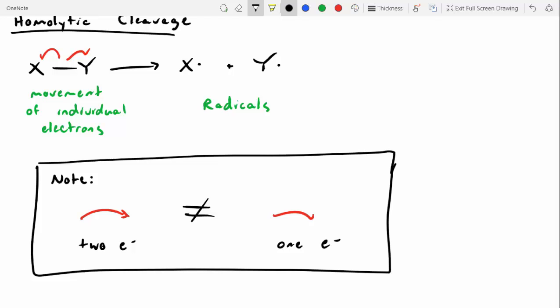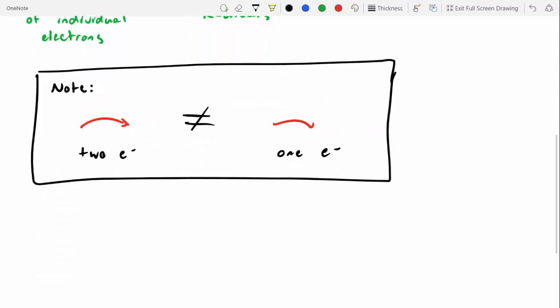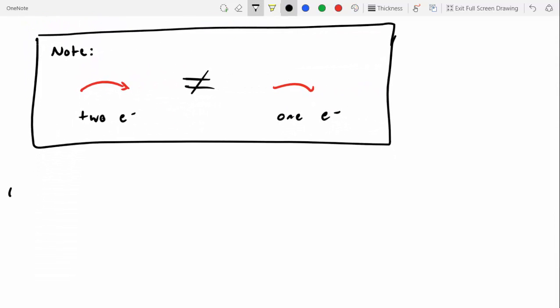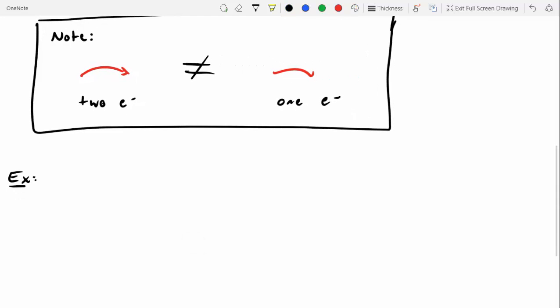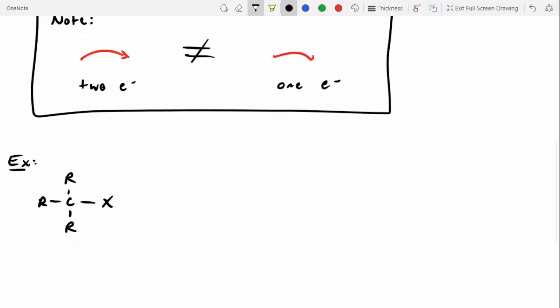So let's take a look at an example of homolytic cleavage. In the example I have, I'm going to use R groups, all attached to a carbon, and I'm going to have a halogen over here.